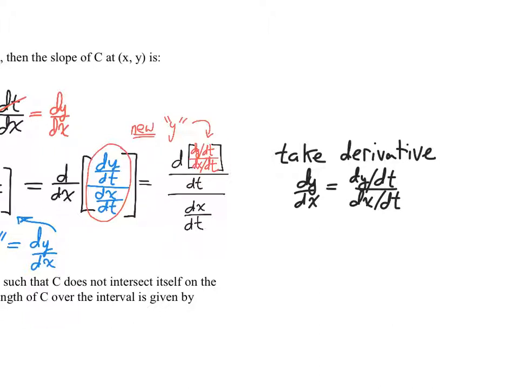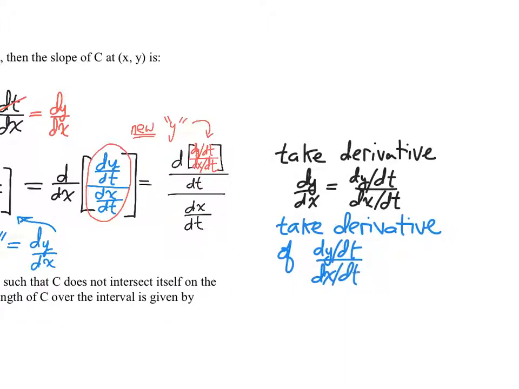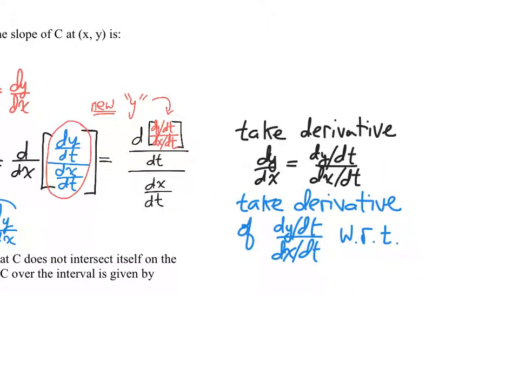Then you're going to take the derivative again. Take the derivative of dy/dt over dx/dt with respect to t.